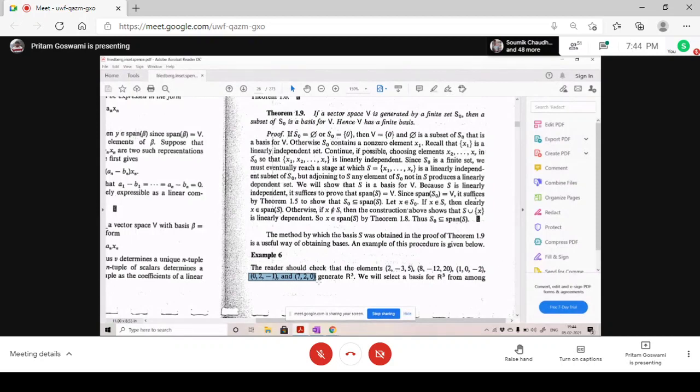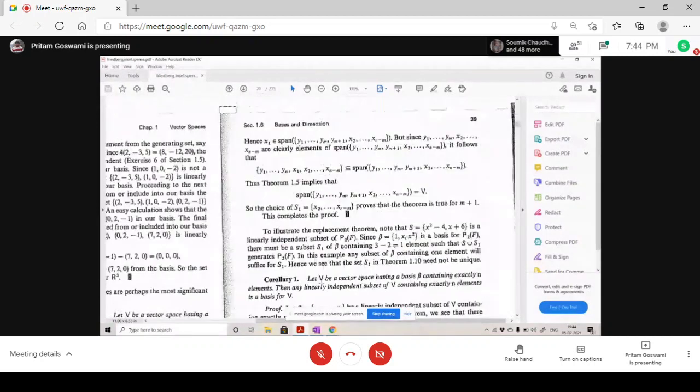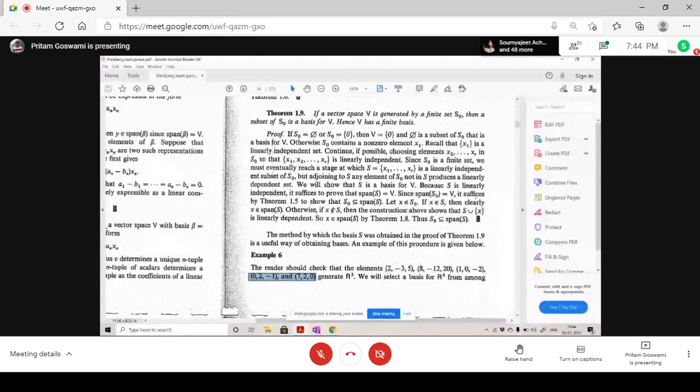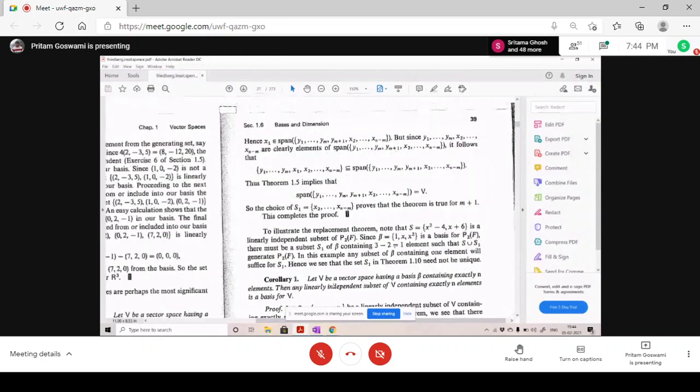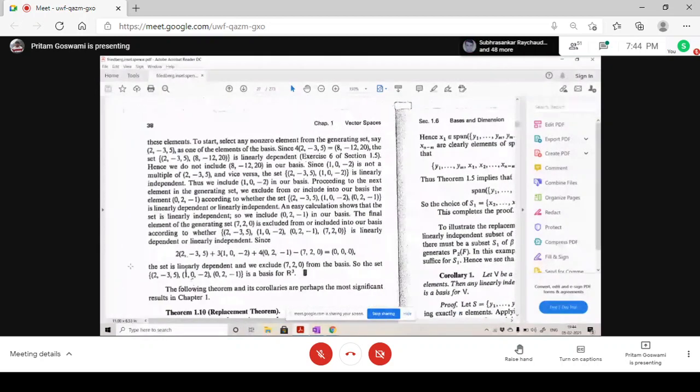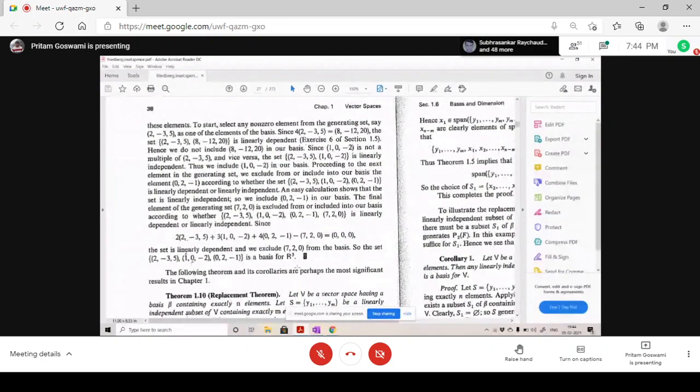But among these five vectors, they are not linearly independent; they are linearly dependent. But you can always find two vectors to discard, and you will get a linearly independent set which will generate R3, and that will be the basis. You can check it later. They have already done it here. These three vectors will be this.